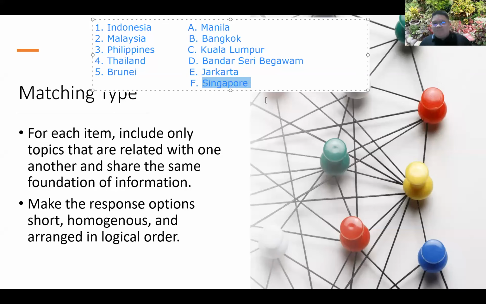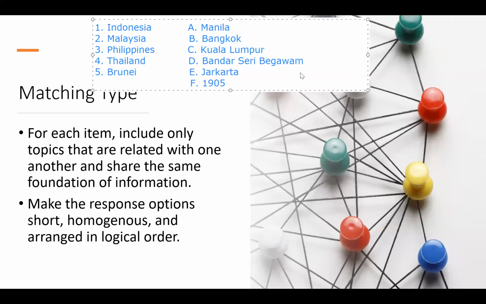I cannot, for example, add the distractor 1905, the year CPU was established. Obviously, that will not be the answer. So we are only giving options that are aligned with the information given there. Are you getting my point on that? Can I get your response? Anybody? Yes, sir. Okay.